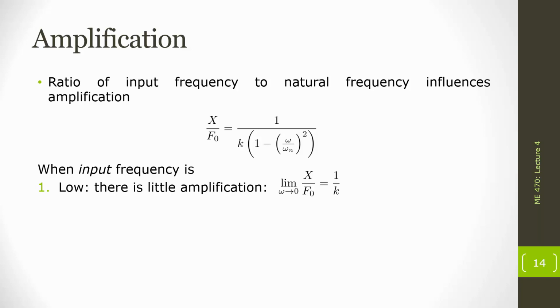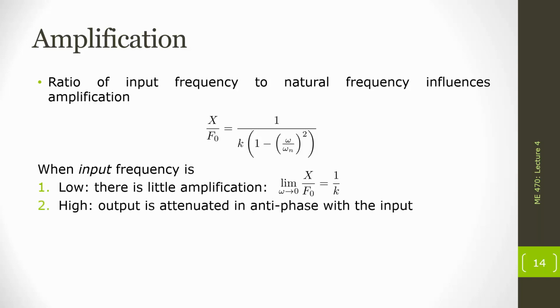Now what happens if we have a high driving frequency? Well, this ratio of omega over omega n is going to get really, really large as omega gets really large. So we're going to have 1 minus a really large number, which is a really large negative number.